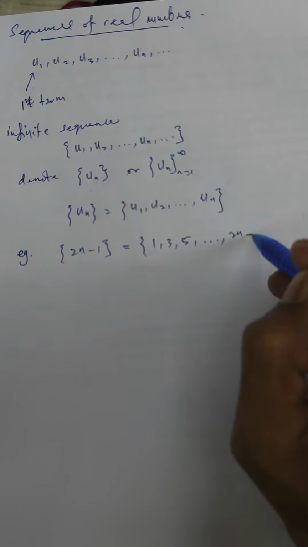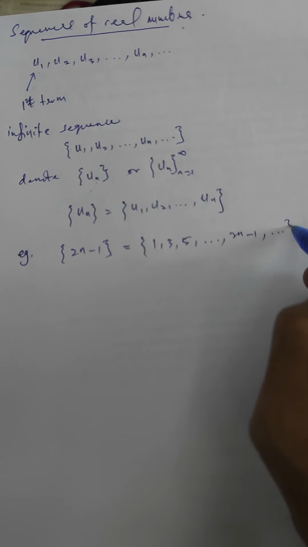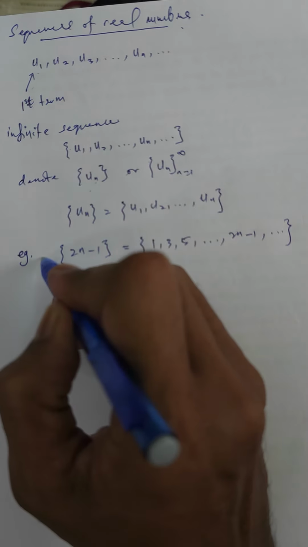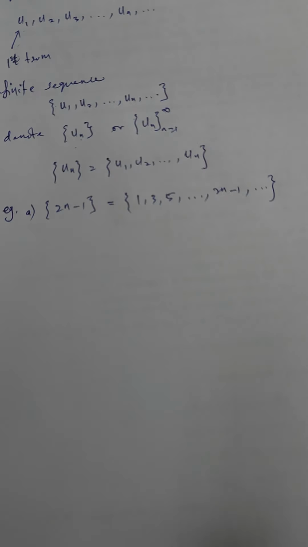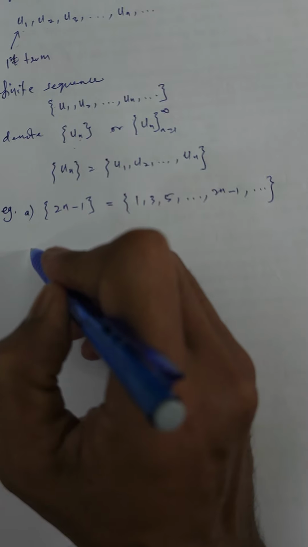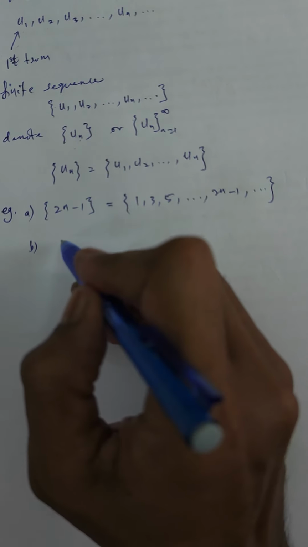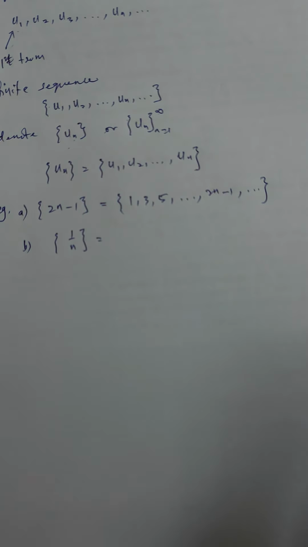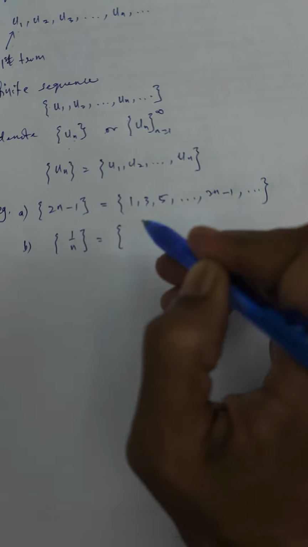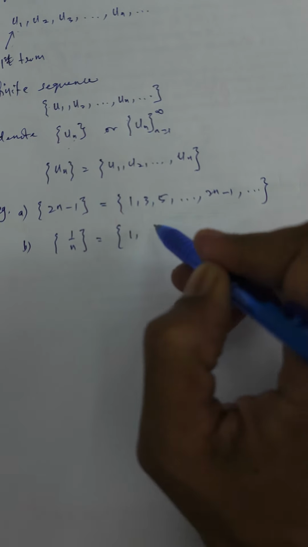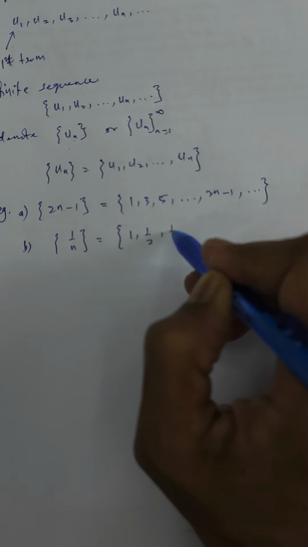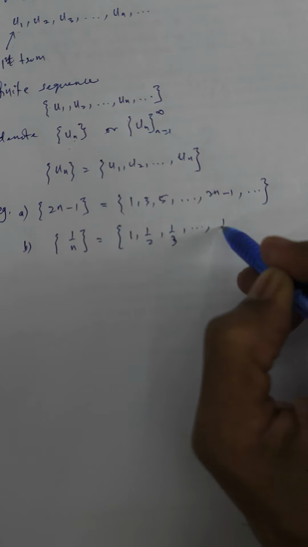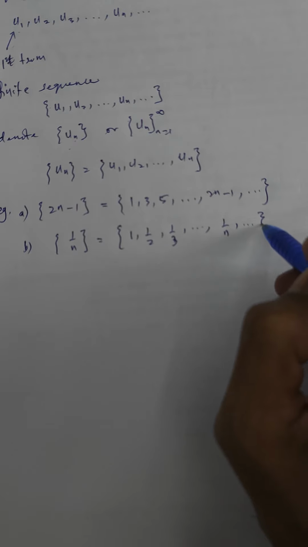We have 2n minus 1 as the nth term. Let's consider this as the first example. The second example is 1 over n. For this sequence, we have 1, 1 over 2, 1 over 3 and so on, 1 over n.